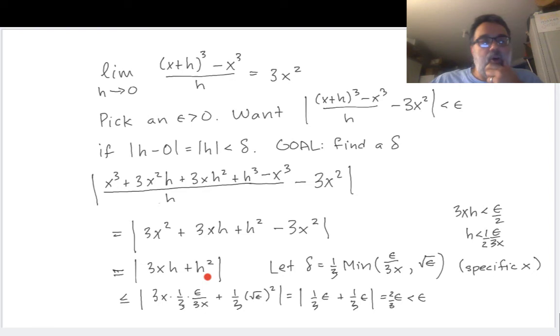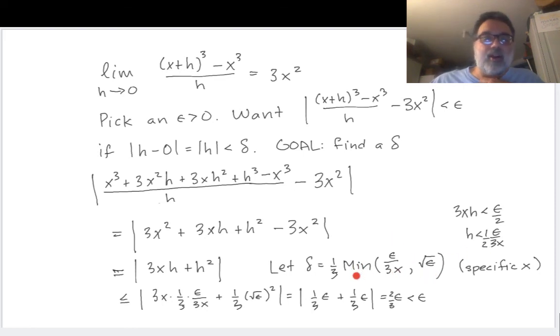If it was just the h squared part, I could say let h be smaller than the square root of epsilon, and then h squared would be epsilon, and we'd be almost there. So we could say it's half of the square root of epsilon. Oh, I see a mistake I made when I wrote it out, but it won't affect it working out.